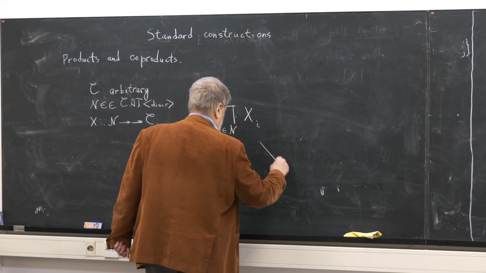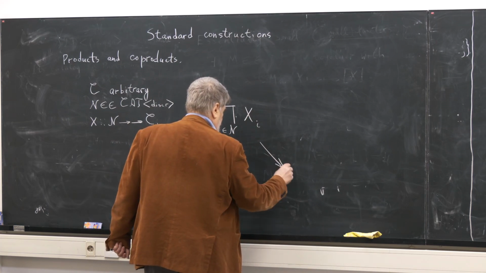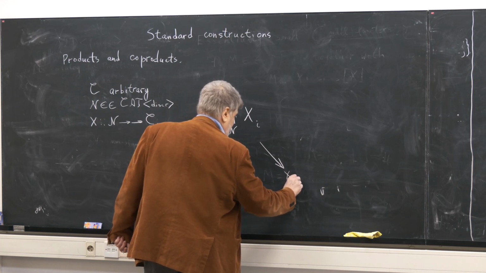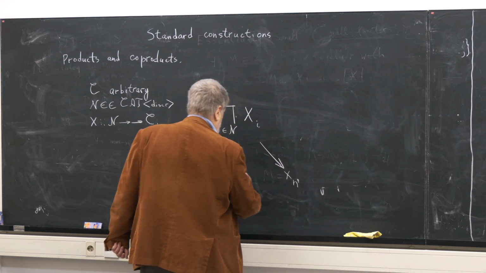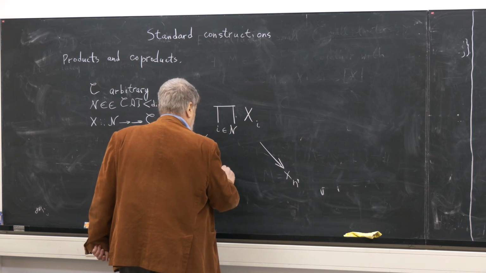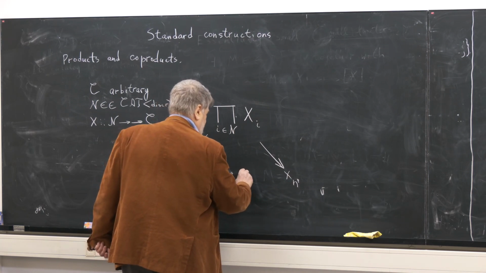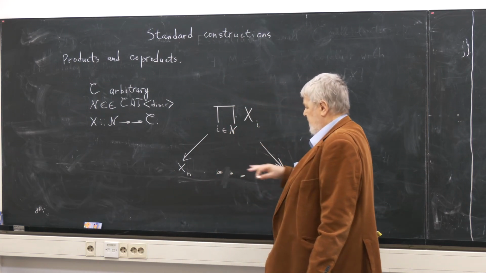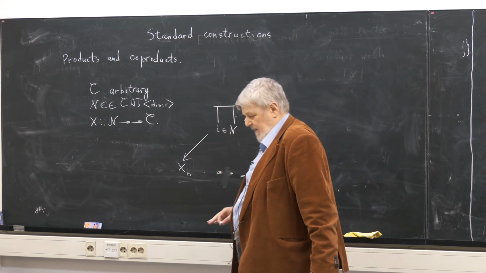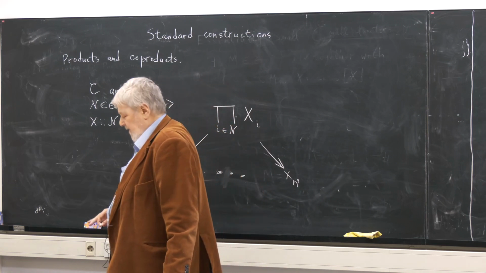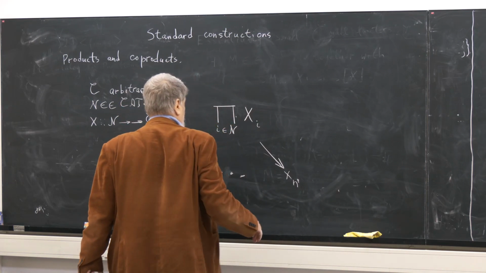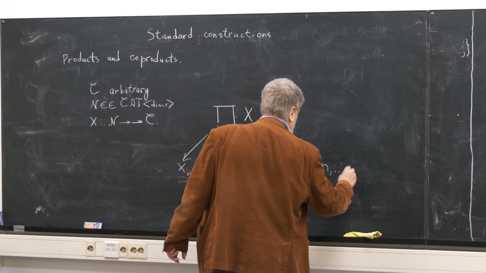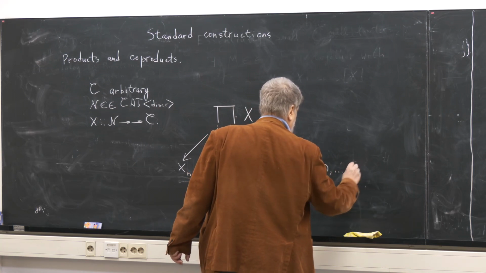I haven't thought of anything better than, say, x_n prime with lots of dots here, meaning, though it's difficult to imagine that, at this level we have all the components. So n, symbolically n prime.